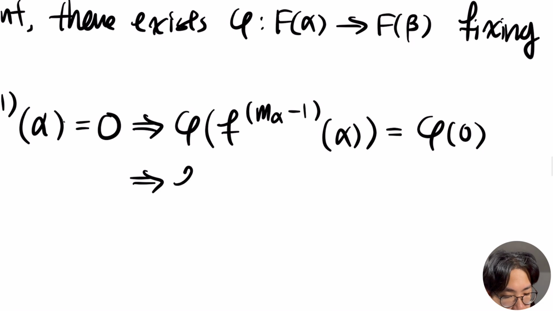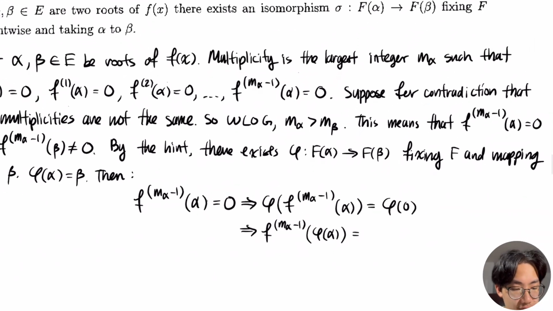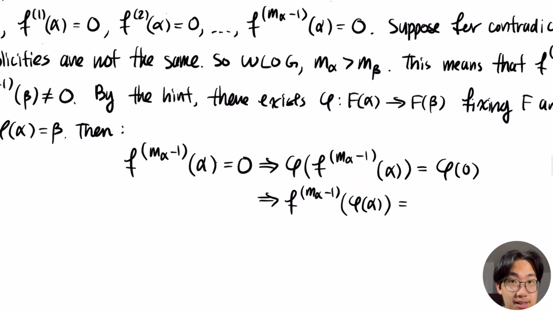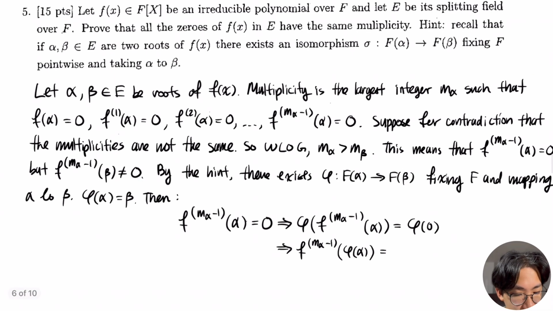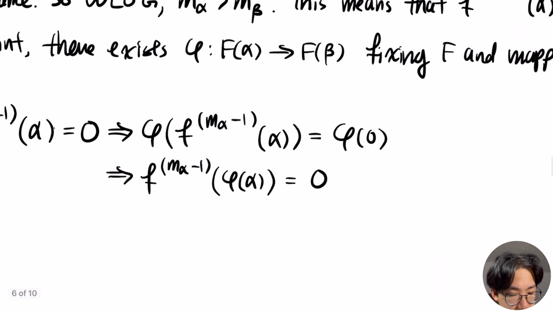So we have this derivative of phi of alpha is equal to, and again, 0 is just the zero element of the field we're working in. And because phi is an isomorphism that fixes F pointwise, we know that it must send 0 to 0. So this is just equal to 0.